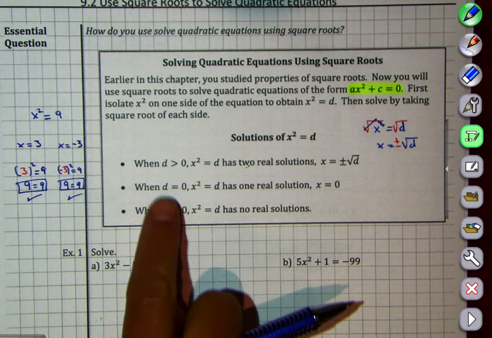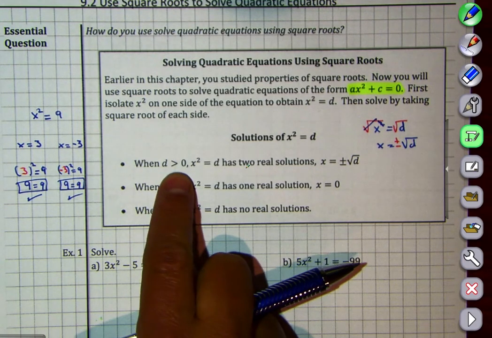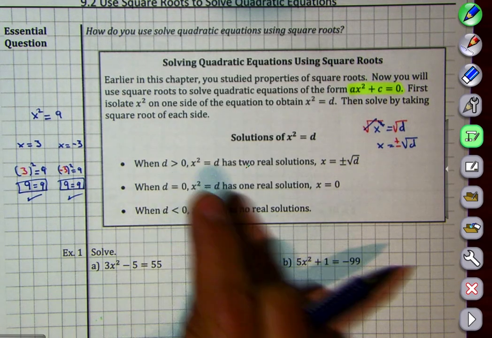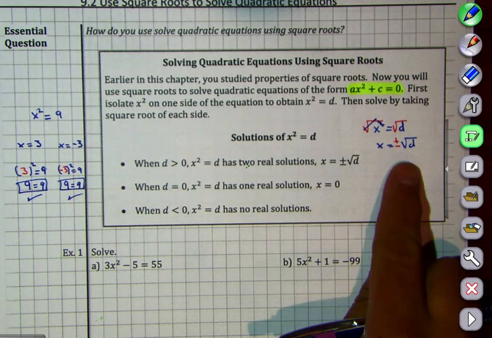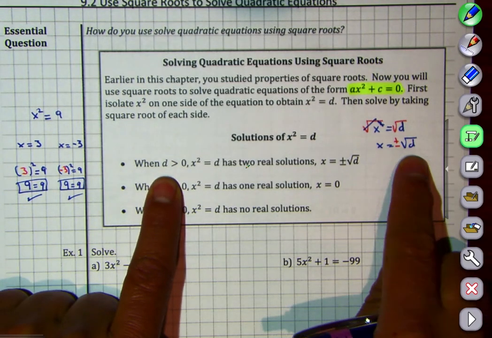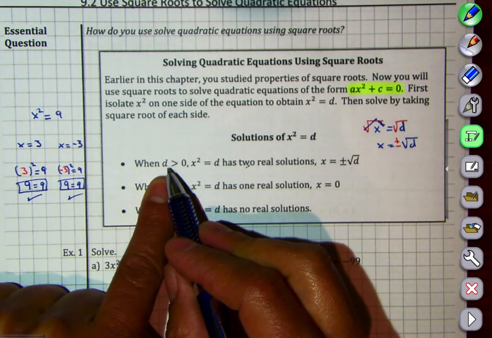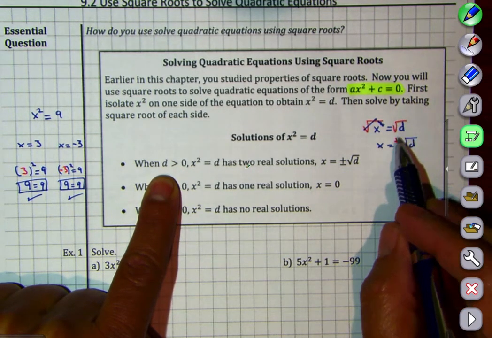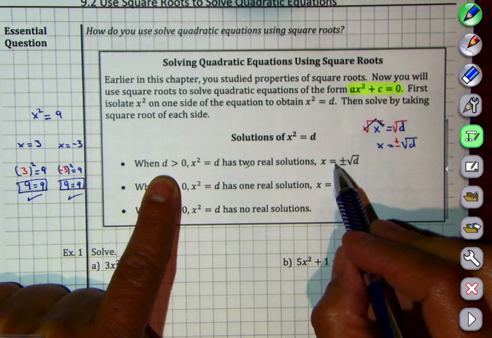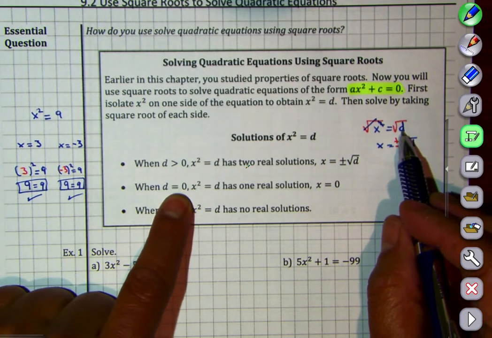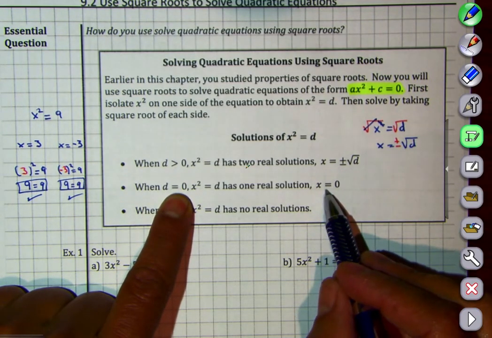Now, one of the key things that you have to remember is that whenever d is greater than 0, that means that you're going to end up with two solutions. So if the value of d is positive, then you're going to end up with plus or minus. If the value of d is 0, then your answer will be 0.